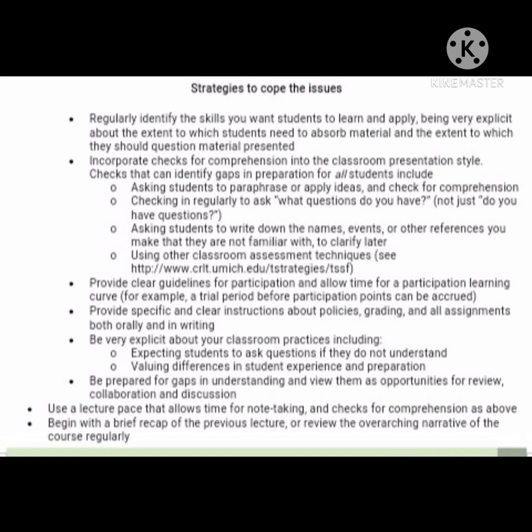Then, be explicit about your classroom practices, including expecting students to ask questions if they do not understand, and valuing differences in student experiences and preparation. Then, be prepared for gaps in understanding and view them as opportunities for review, collaboration, and discussion. And then, use a lecture pace that allows time for note-taking and checks for comprehension. And last, begin with a brief recap of the previous lecture or review the overarching narrative of the course regularly.